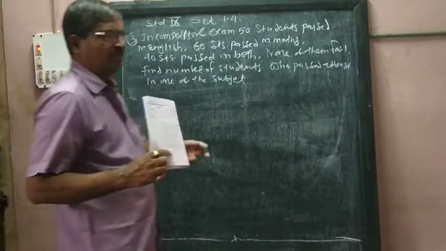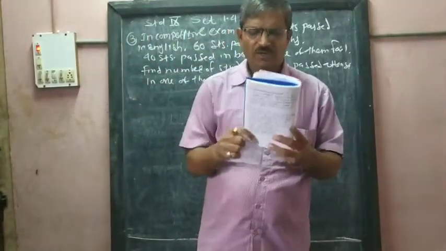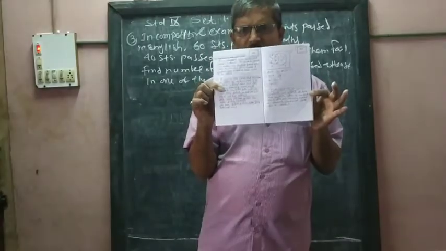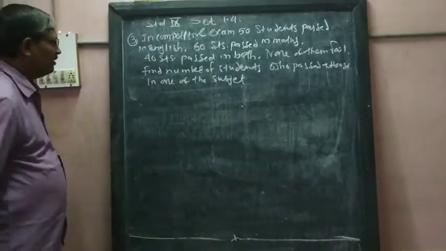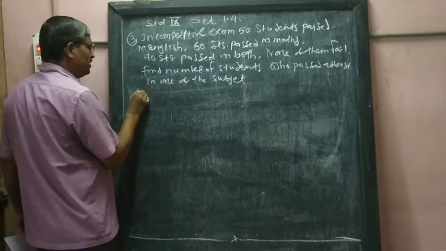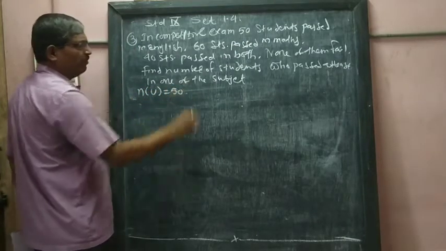Here please look, since you can get objections, I am showing you that as I don't have your textbook, therefore I am writing only the questions in my notebook and solving here, explaining before you. So please see, in the competitive exam 50 students appeared. It means the number of the universal set is equal to 50.